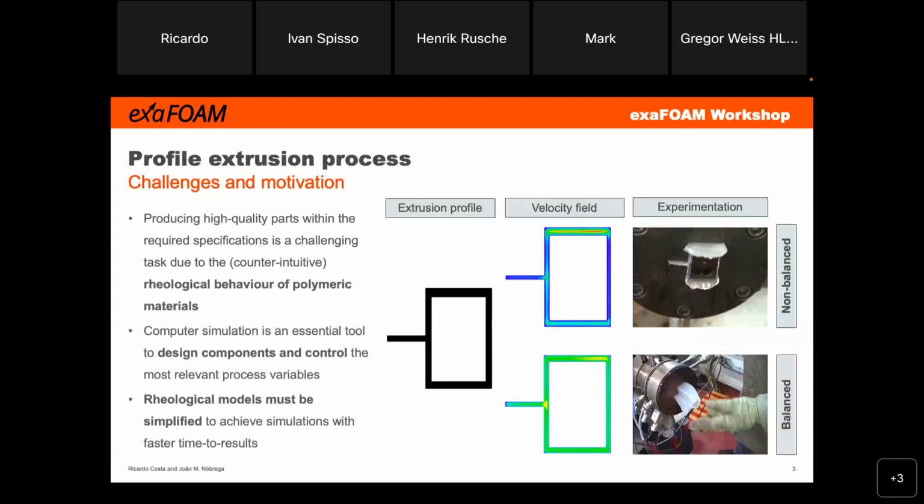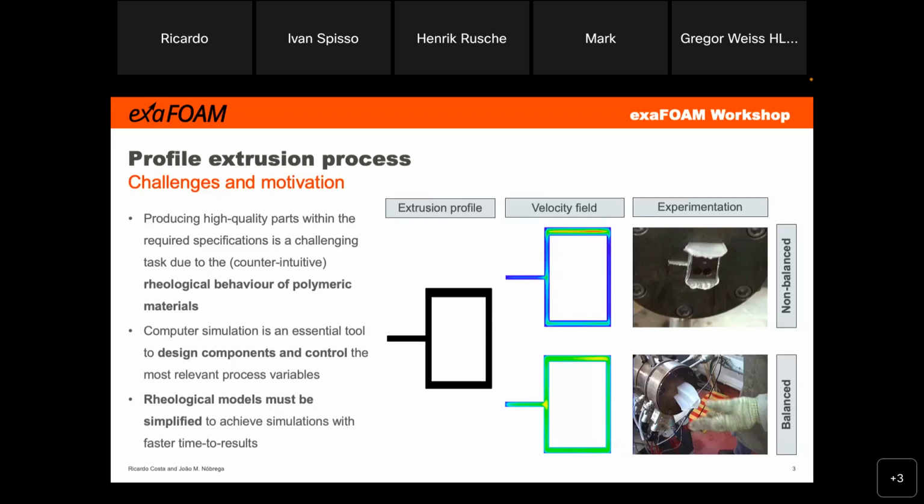That's it. As you can see in these images, it was a study we performed here. Fortunately, we can rely on computer simulation tools to design these components and to control the process, but still, dealing with polymeric materials brings considerable difficulties.